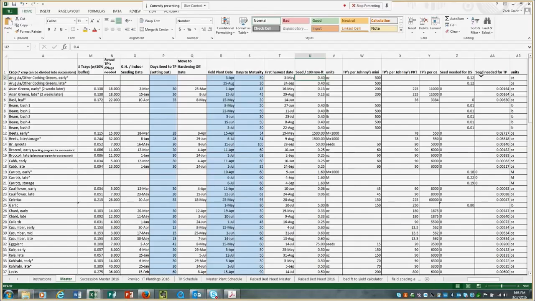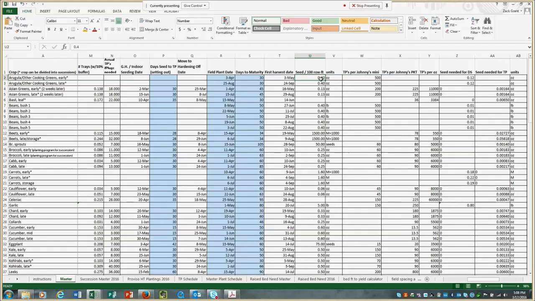What that means is for each crop on each page when you're looking through the seed catalog, it tells you seed specs, the number of seeds per ounce, or the amount of seed that you need to plant 100 row feet. So all that information in column U is actually sourced from something like Johnny's Selected Seeds.